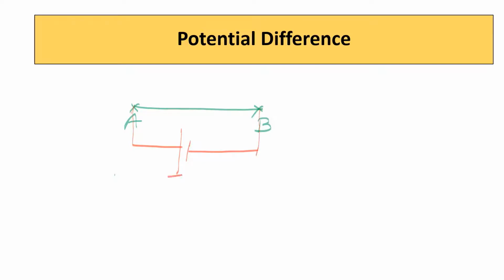The positive polarity of the battery is at a higher potential, therefore point A will be at a higher potential. The negative polarity of the battery is at a lower potential, therefore point B will be at a lower potential. The charges can flow from A to B.